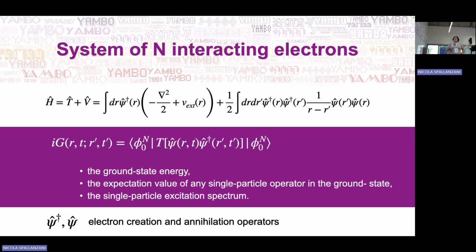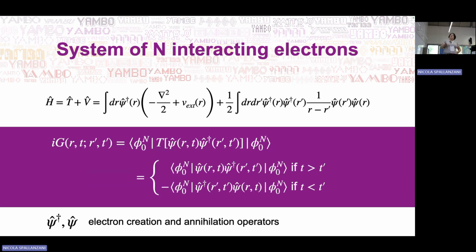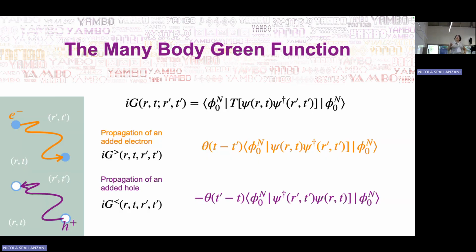So this is an expectation value of two field operators, a creation and annihilation operator. And since we have it here in the time-ordered form, we have two terms in which the order of the time instances determines the order of these creation and annihilation operators.